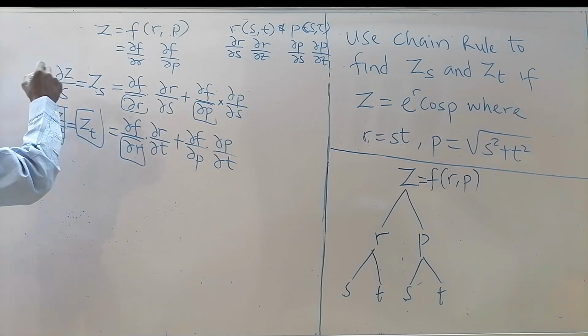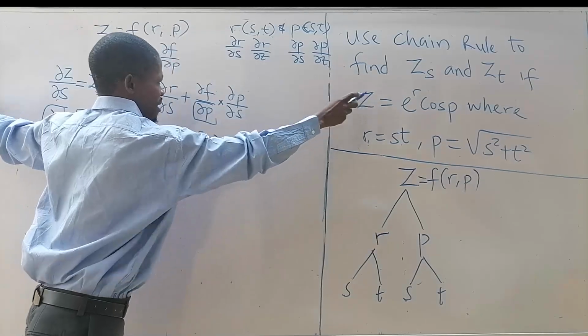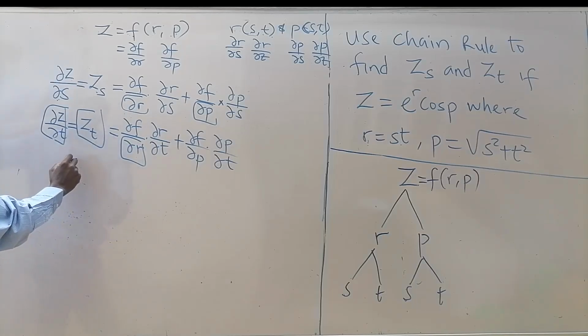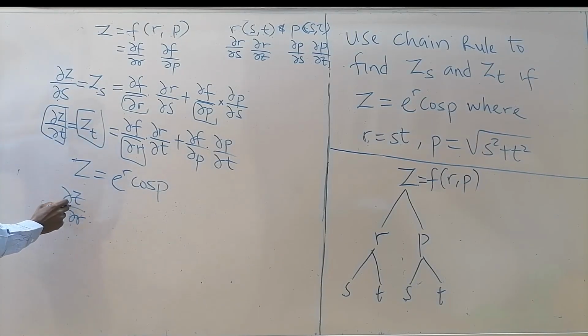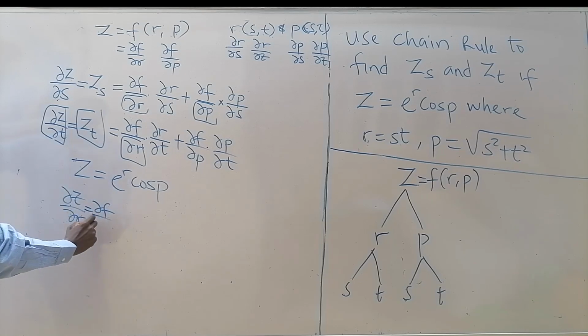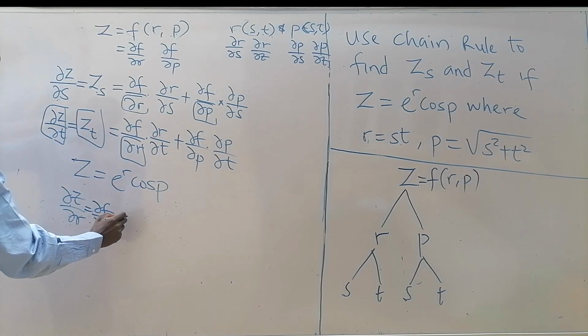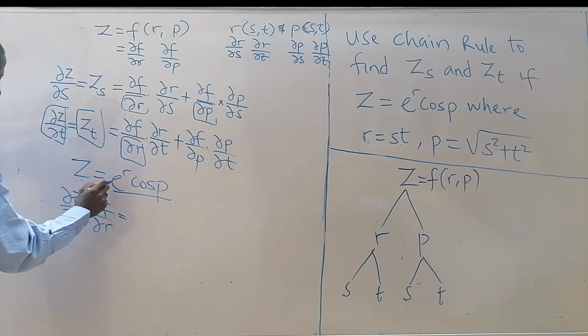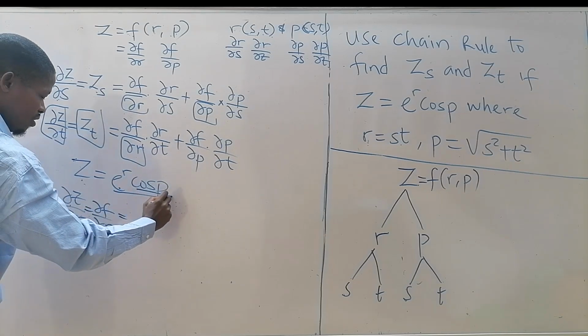So let's quickly get the partial derivative of z with respect to r. And don't forget, I'm using f instead of z; if I write this and if I write this, they are the same thing. I've already said that at the intro. So if you differentiate this one with respect to r, you're keeping cos p constant.